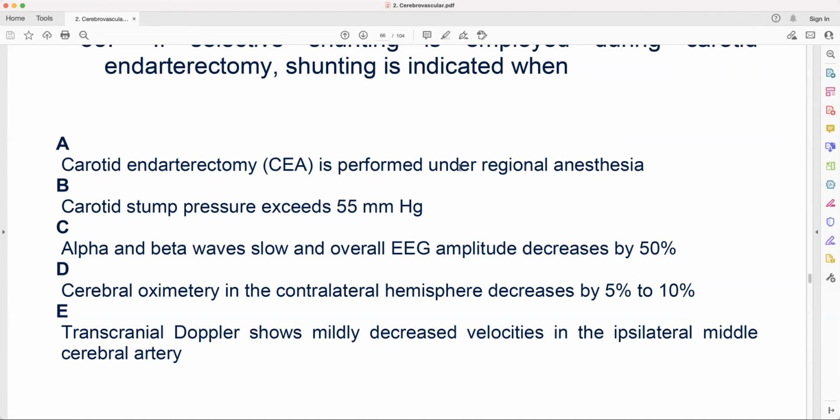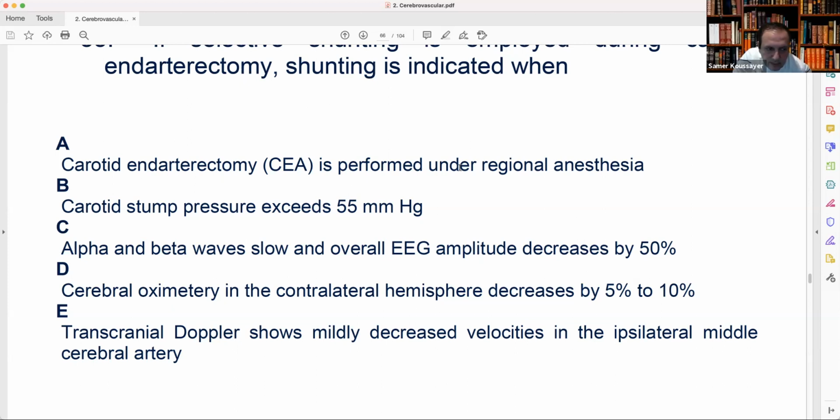Next one. Alpha and beta waves slow and overall EEG amplitude decreased by 50%. Yes, we used to do that, and you have different ways to monitor the brain. One of them is transcutaneous TCPO2. One is to measure the pressure, and one is to do a continuous EEG during the surgery.